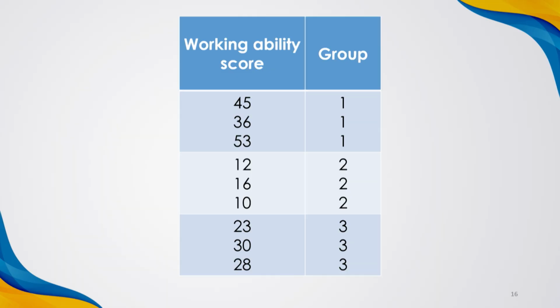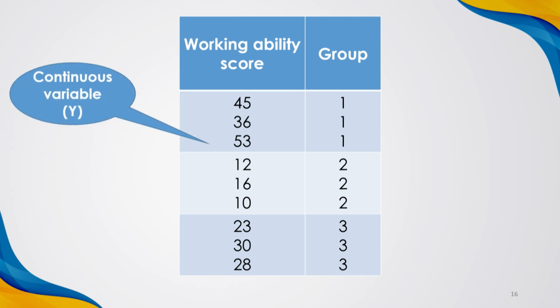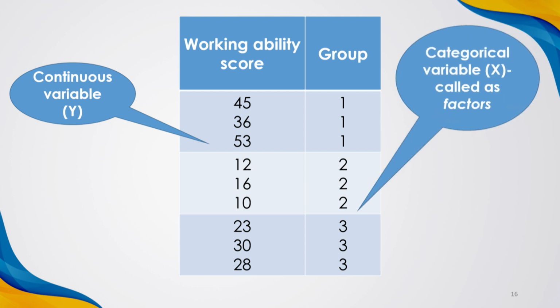For example, let us take the first case scenario where our outcome variable is the working ability score of the subjects suffering from MDD. Here the continuous variable is the working ability score, which is quite often denoted by y in statistics books, and we have a second variable called group.